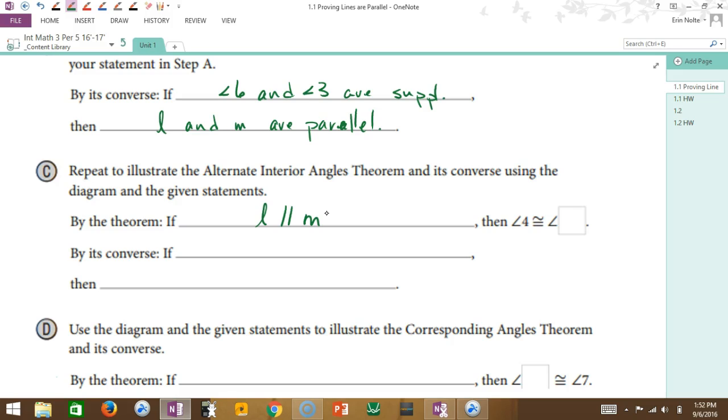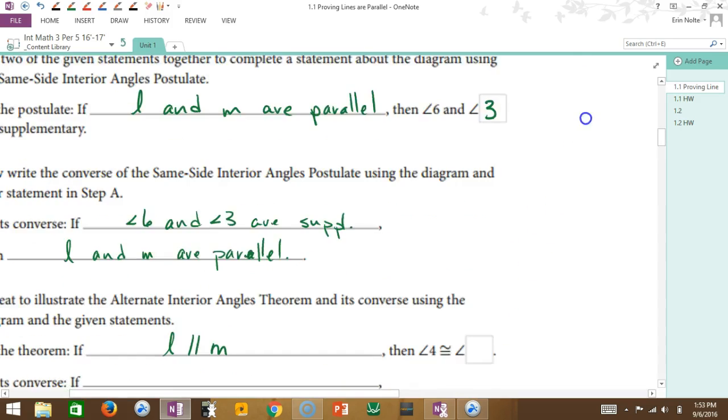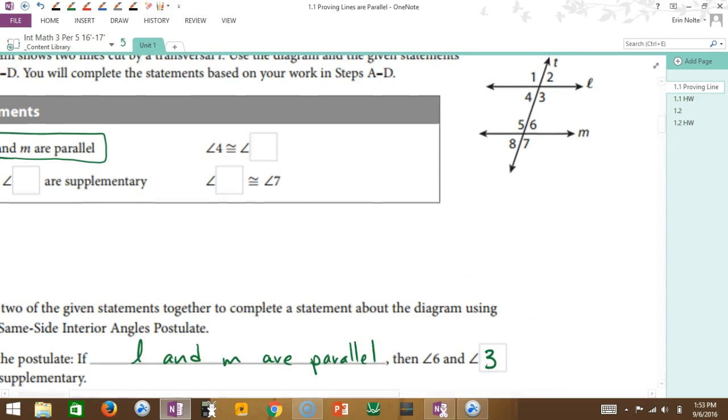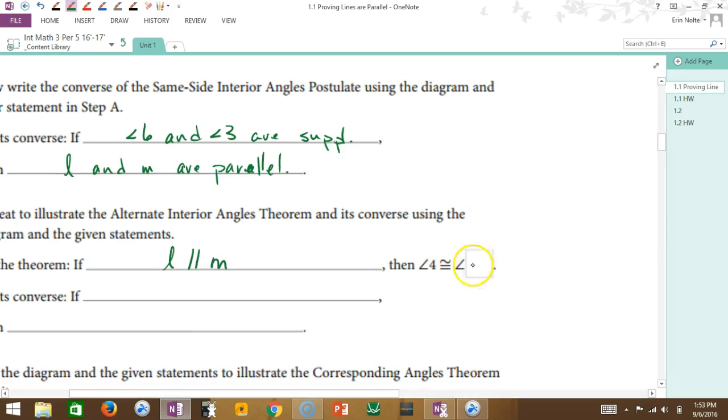This little wavy line with the equals, what does that mean? Congruent. So they're congruent angles. Which one is alternate interior to angle 4? Angle 6. Good. So angle 4 is congruent to angle 6.